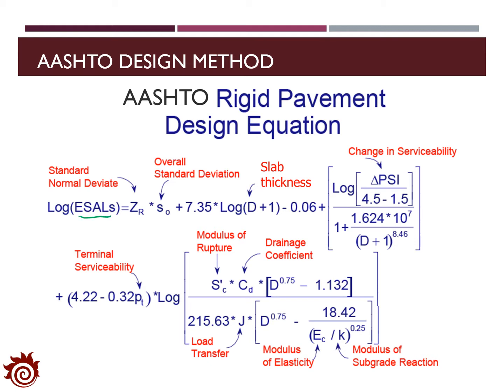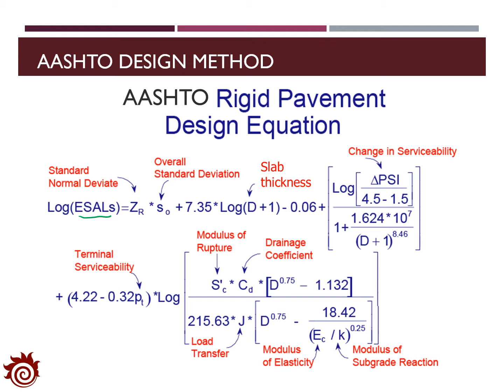And on this page, there's one equation for us to estimate the ESAL. This one is very similar to the one we provided for the flexible pavement, but the coefficients are different. Also, there are some new parameters applied for the estimation.